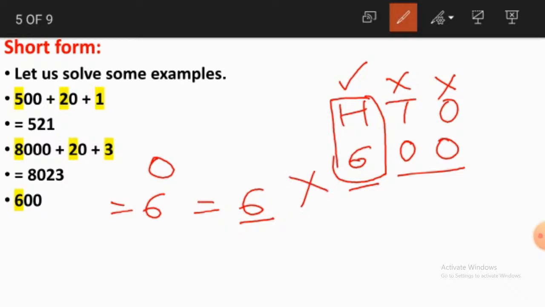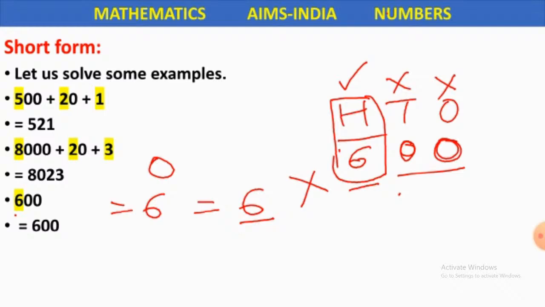So this will be your wrong answer. That is why you need to place zeros for tens and ones place, which will give you 6 in hundreds place. Now the place value of 6 in your answer and in your question will be equal, and so you will get the correct answer, which is 600.